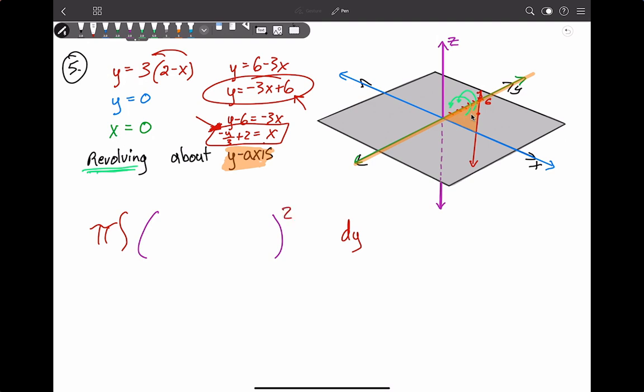So r squared, let me go ahead and move that dy just a little bit over, and we're trying to build these horizontal slices, okay? So just like before in other problems, we're going to go ahead and draw a straight line from the axis of revolution, which is in this case the y-axis, to the outermost rim of the shaded region, and then we stop.